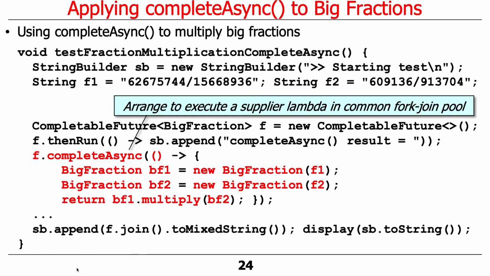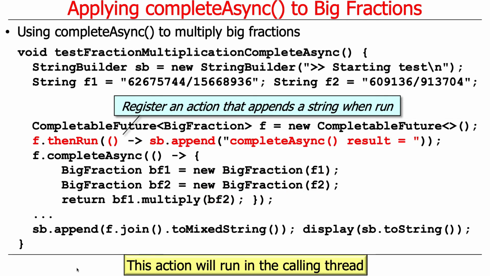And then we say, hey, CompletableFuture, please complete yourself asynchronously. And so what this does is it will basically take this supplier lambda, and it will then run this in the common fork join pool. And when that thing is finished, it will, of course, complete the future. So it'll give it an actual result. And that will also, of course, trigger this code to run as well.